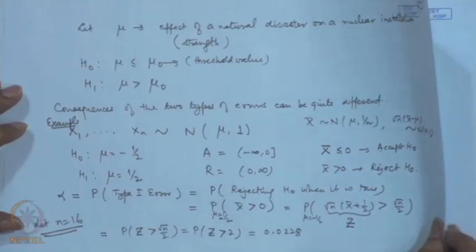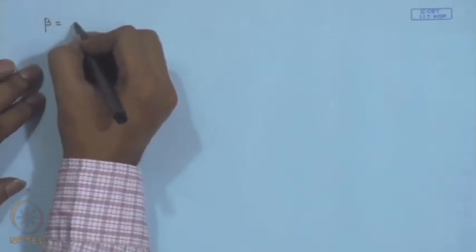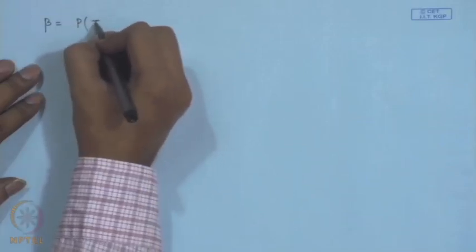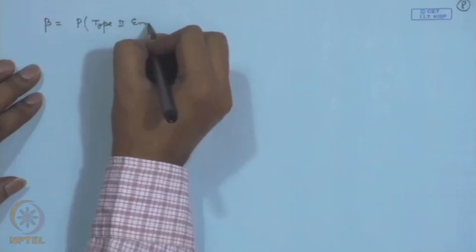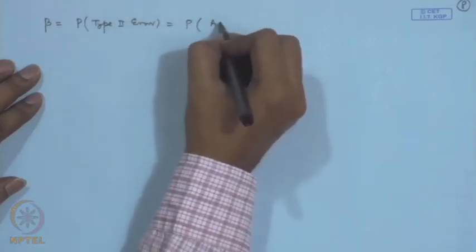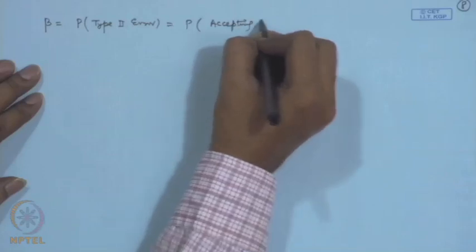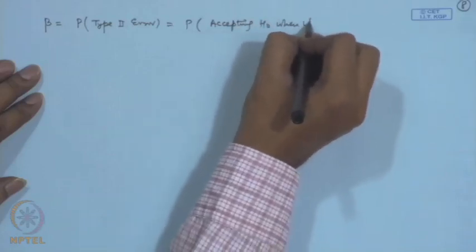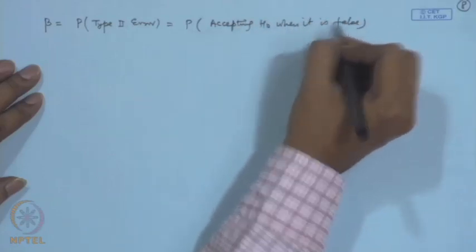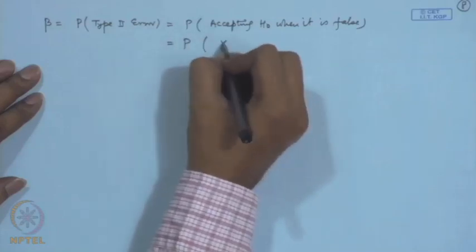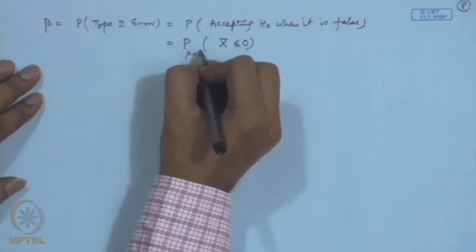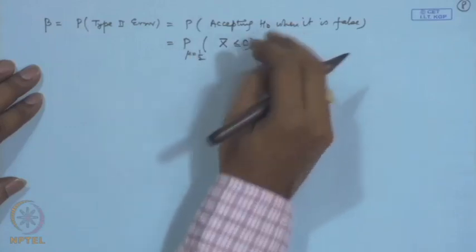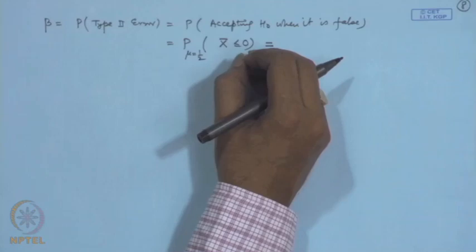Now, in this case let us also consider beta. Beta is the probability of type 2 error, that is the probability of accepting H naught when it is false. That is equal to the probability of x bar less than or equal to 0, when H1 is true, that is mu is equal to half.